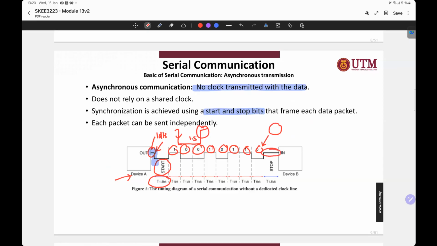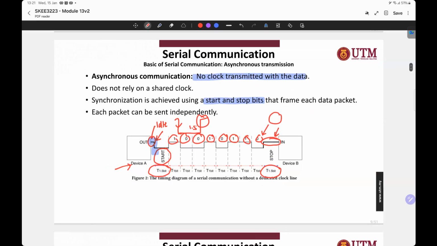You can see here, this stop bit lasts 1.5 bit periods. So the receiver knows the transmission is complete. So this is how asynchronous communication works.